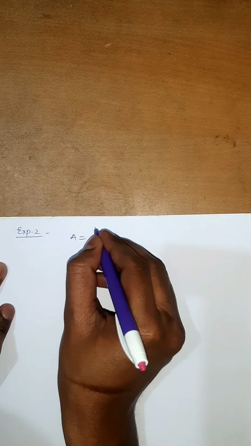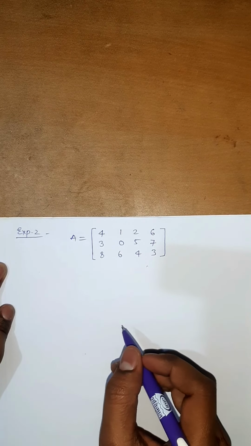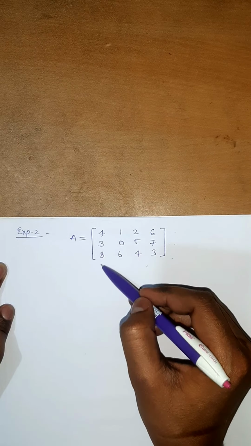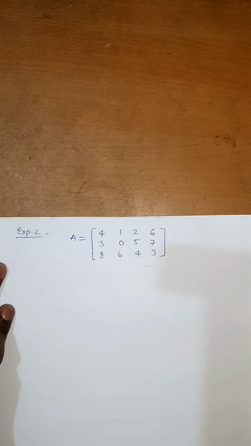So first of all we can define the order of this matrix. So the total number of rows and total number of columns are needed to define the order of a matrix. So there are 3 rows, say R1, R2 and R3, and columns C1, C2, C3 and C4. So there are 4 columns and 3 rows.